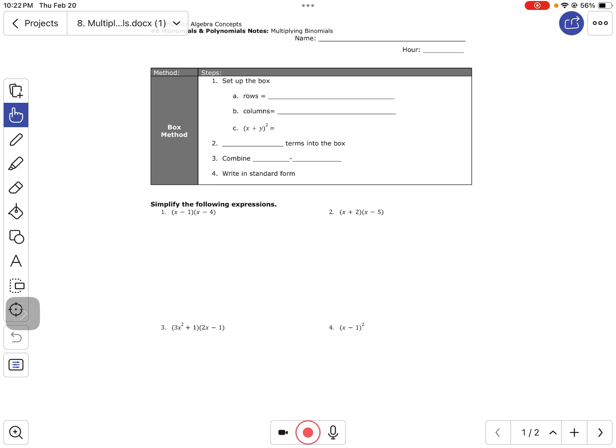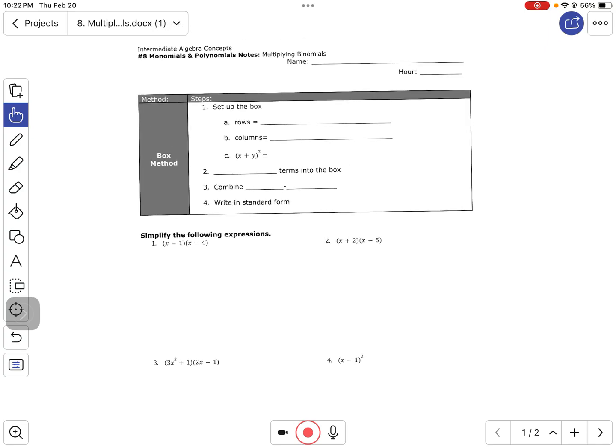All right, today we're ready to work on number 8's monomial and polynomial notes, multiplying binomials.